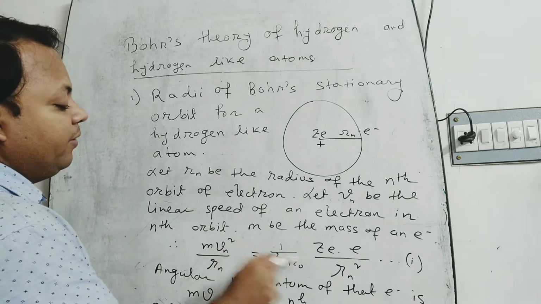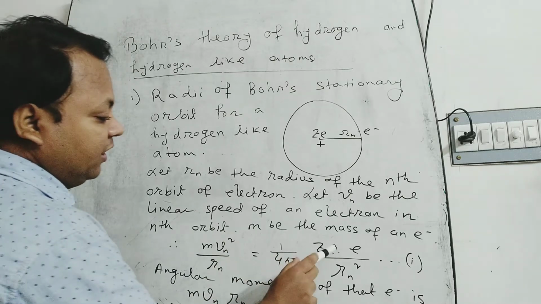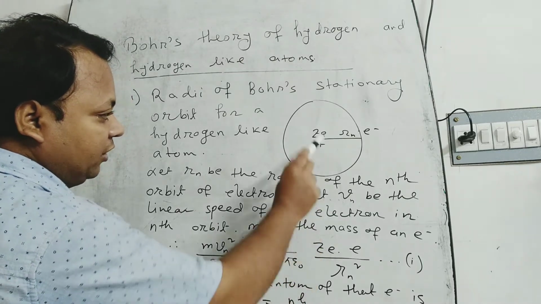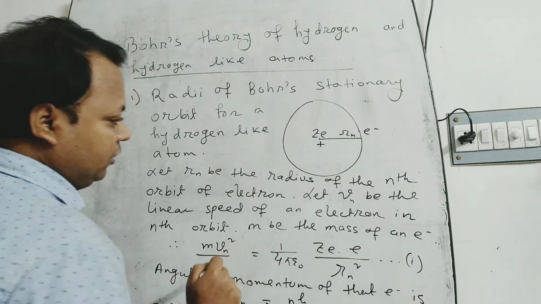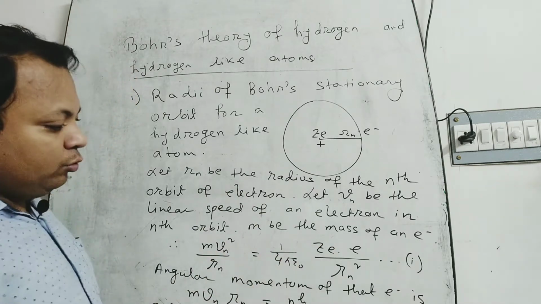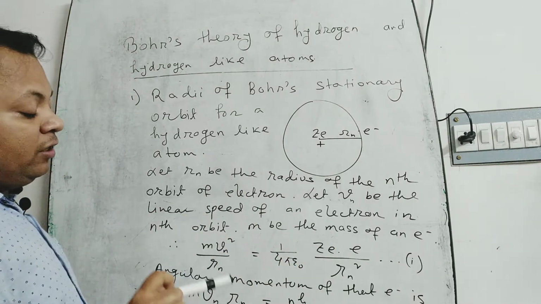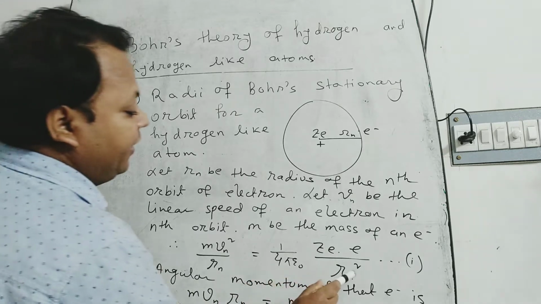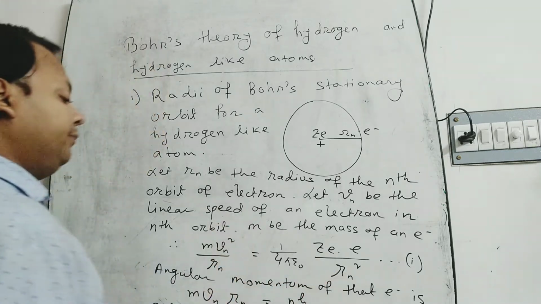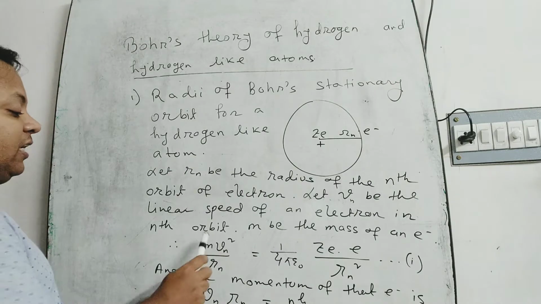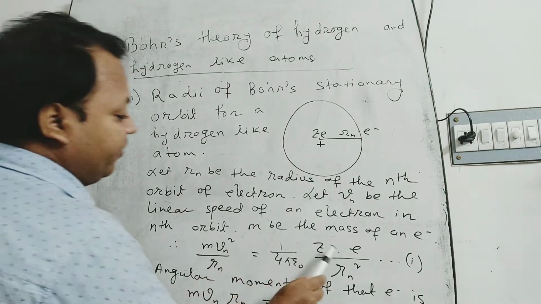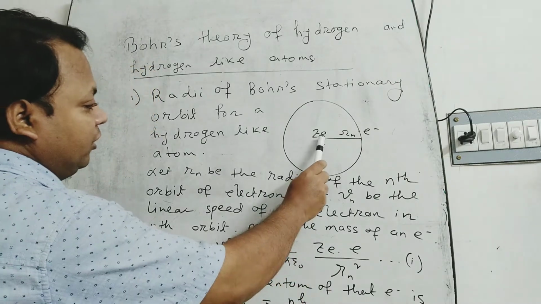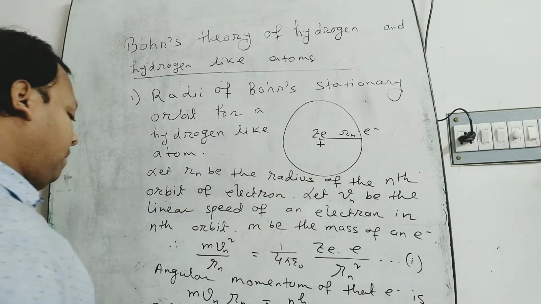This is equal to 1 by 4 pi epsilon 0, Z into e, where Z e is the charge of the nucleus, and small e denotes the charge of an electron, into e by r_n square. That is, the centripetal force is equal to the attraction force between the nucleus and the electron.